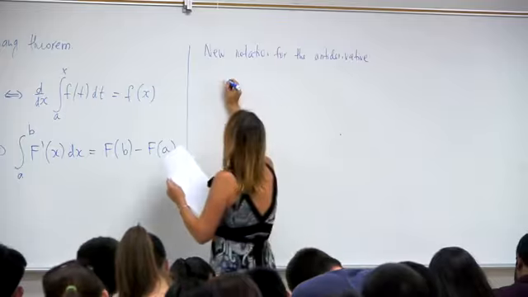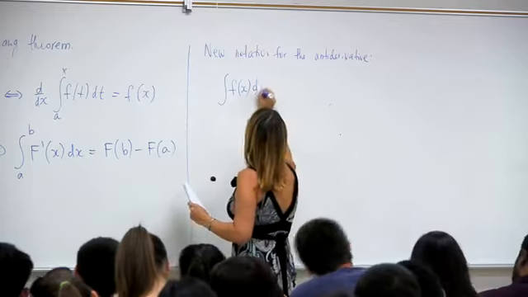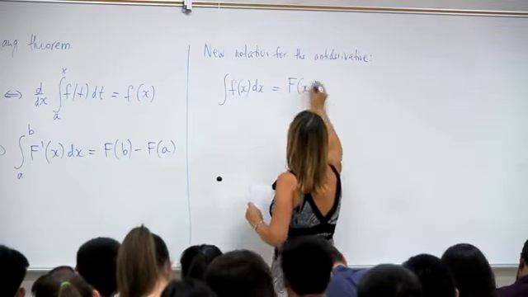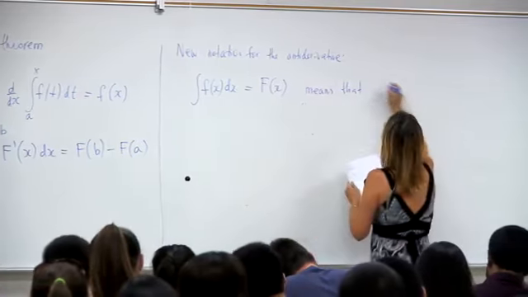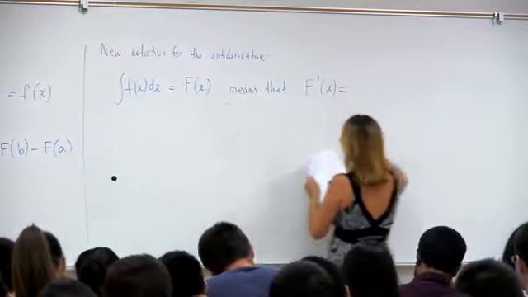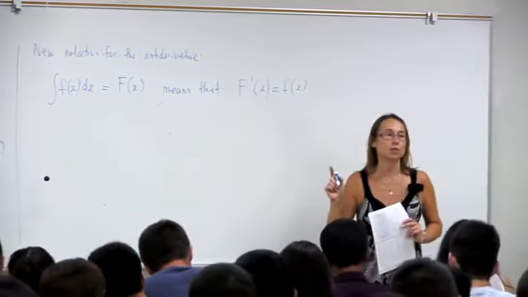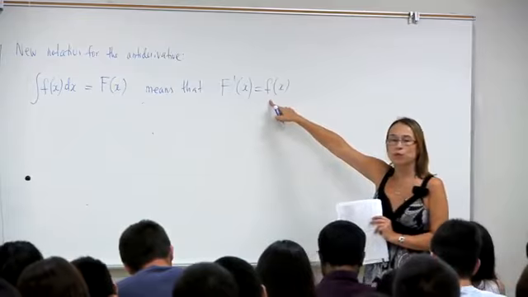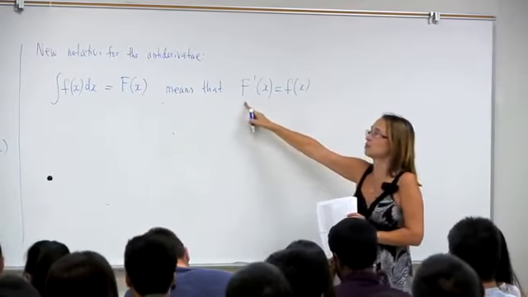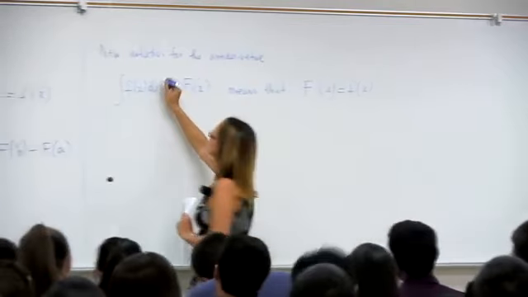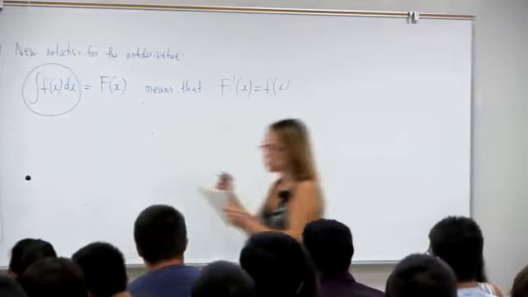We say that the indefinite integral of f of x dx equals F means that the derivative of capital F is lowercase f. So our old definition of the antiderivative was to start with function f lowercase and say that F capital prime of x is equal to f, so F is the antiderivative. Now instead of saying that, we're just going to use this notation. Okay? I will illustrate this with a few examples.